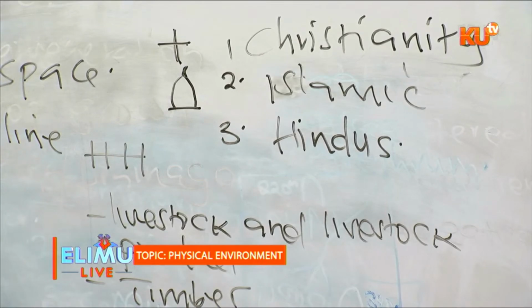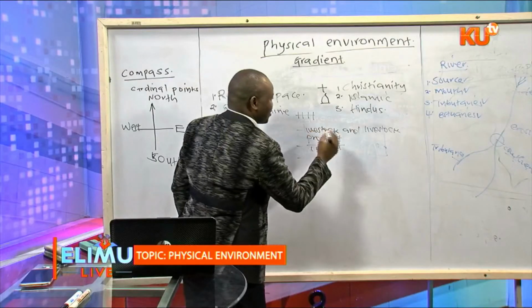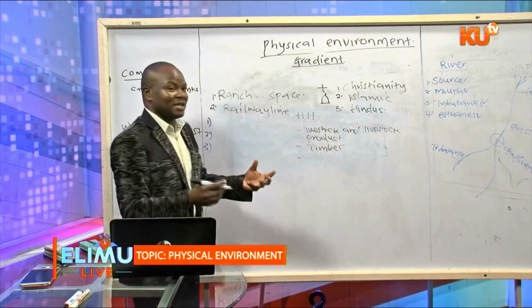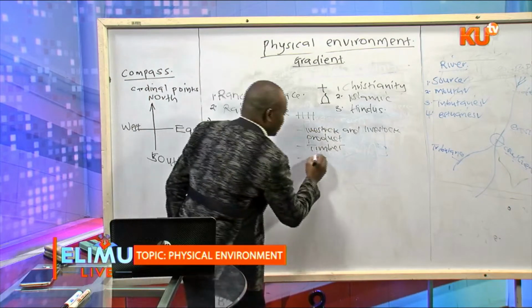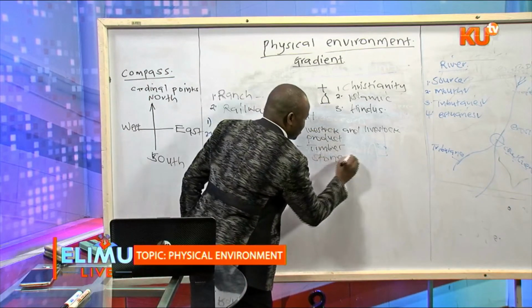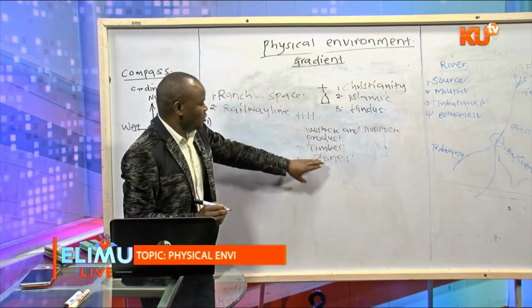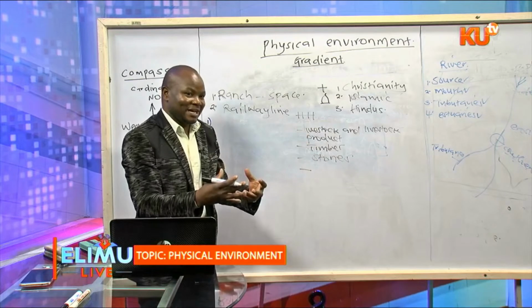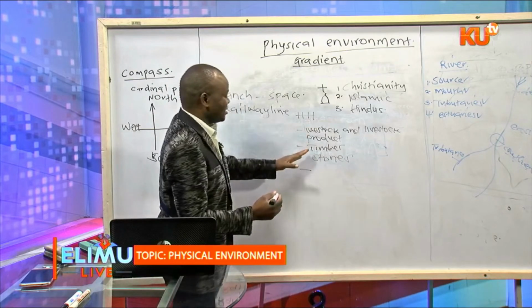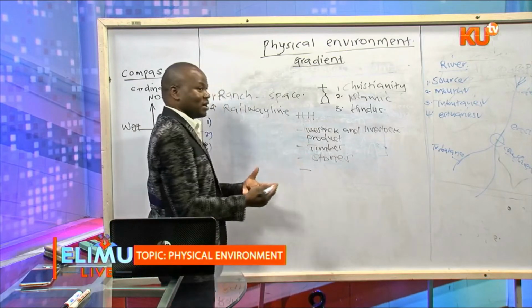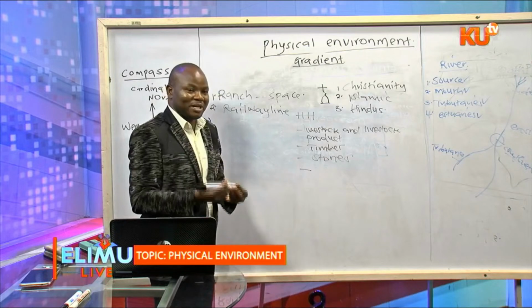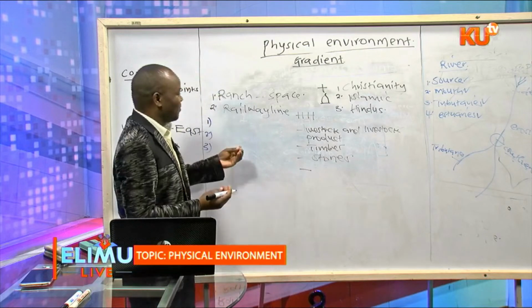Three, of course, when I talk about livestock and livestock products, these are the heavy goods. We have stones. So stones, it's in the mining area. We have things to do with hides. Of course, those are heavy products which are transported from one place to another.